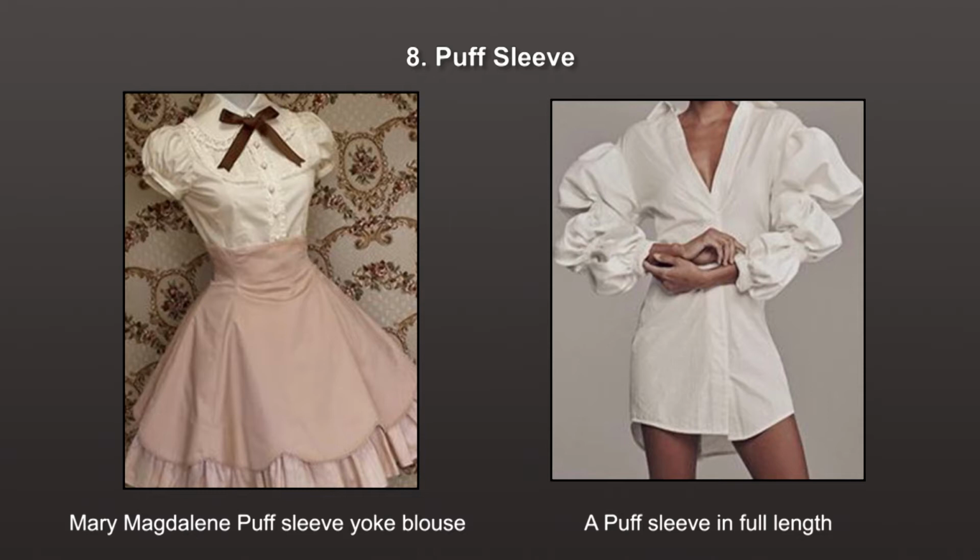What we see here is an image of a Mary Magdalene puff sleeve yoke blouse. This is a basic puff sleeve achieved by gathering at the armhole and at the sleeve hem, finished with a band at the hem.